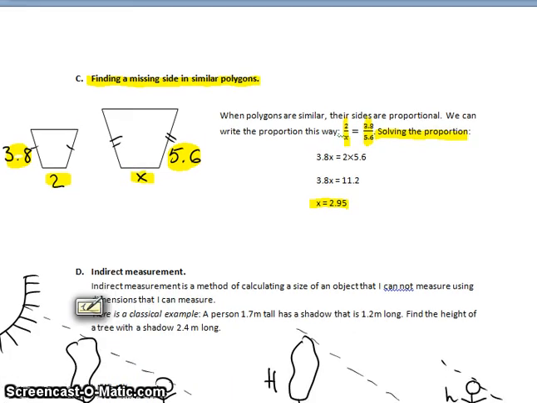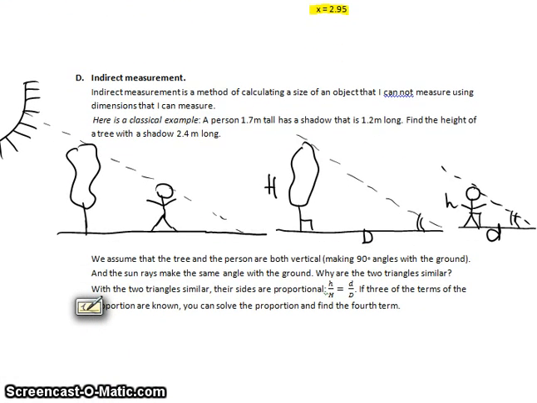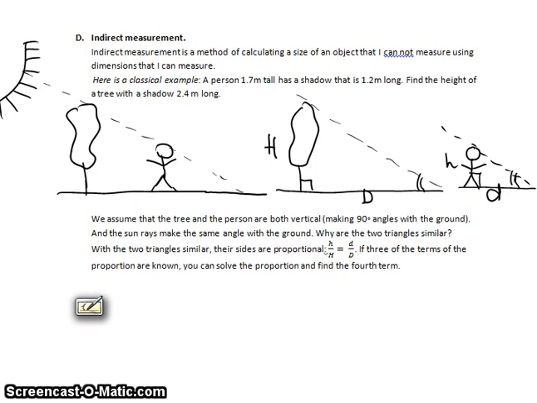The last thing that we will use similar polygons for is what is called indirect measurement. Indirect measurement is a method of calculating a size of an object that I cannot measure using dimensions that I can measure.